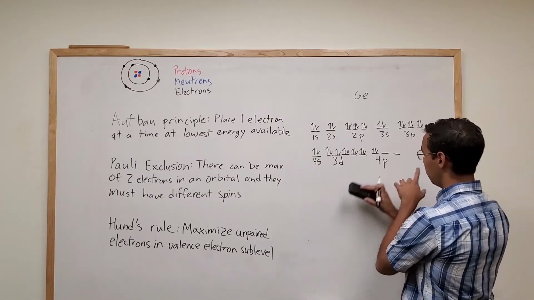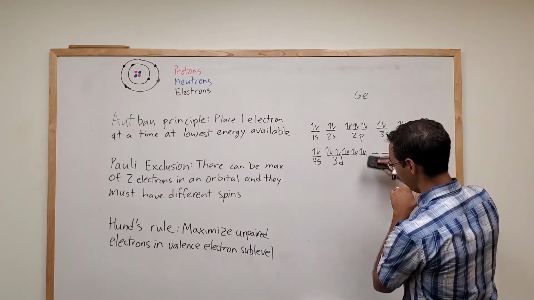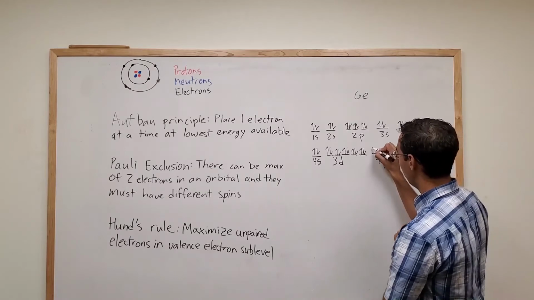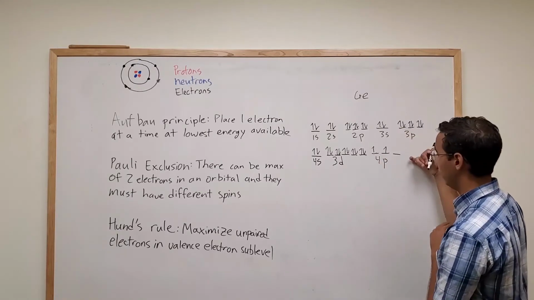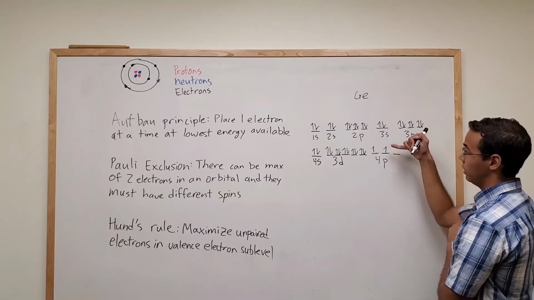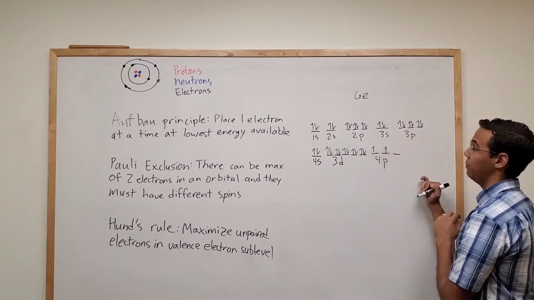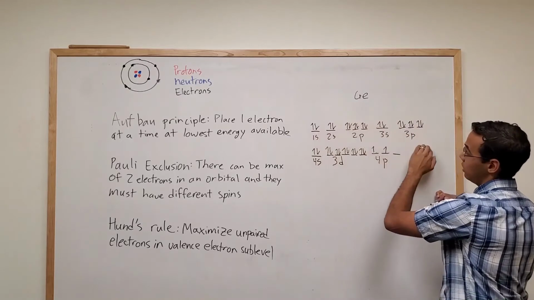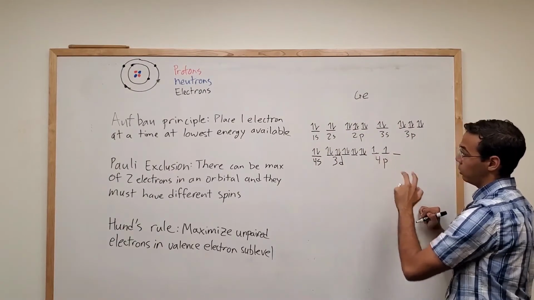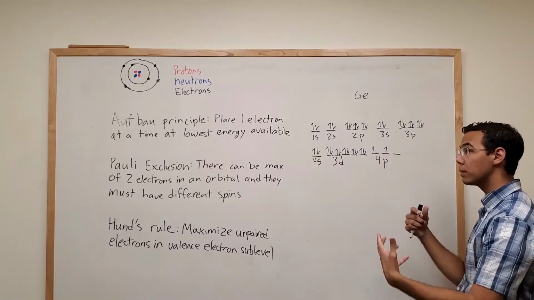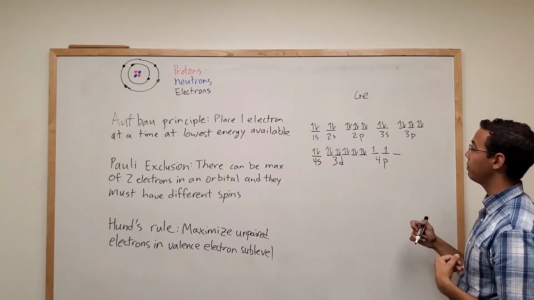And see here, 4p. When we hit the 4p, we only have 2 electrons left. We're going to separate them out just like we did with carbon. You'll see that carbon only had 2 in the 2p. Germanium has more electrons in its core, but within the 4p orbital, we see that it only has 2 again. And so it's going to have some similar properties to carbon.